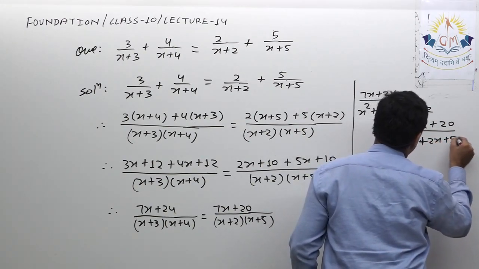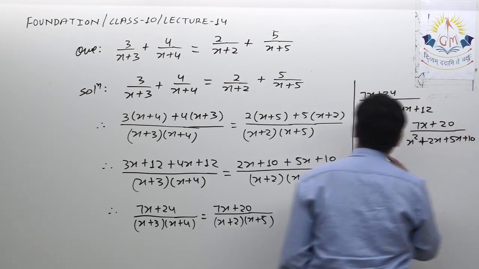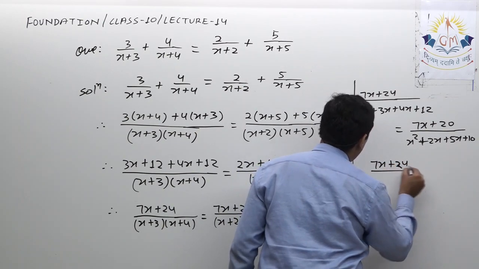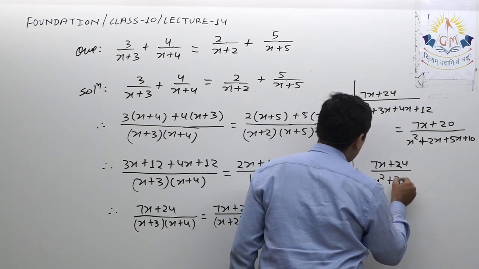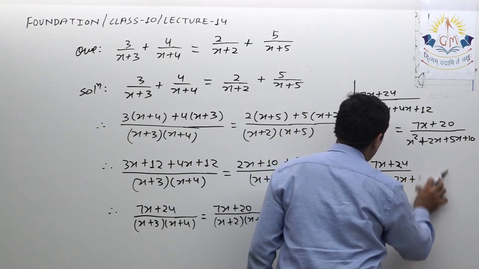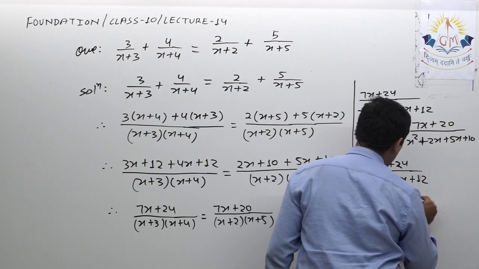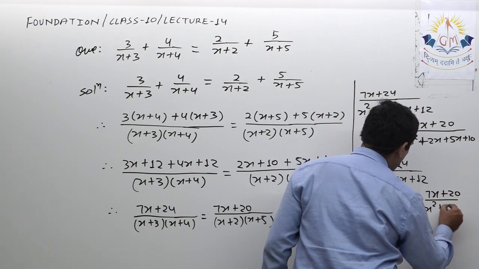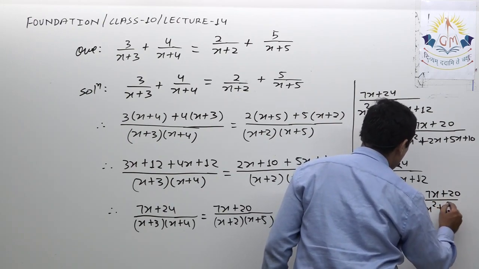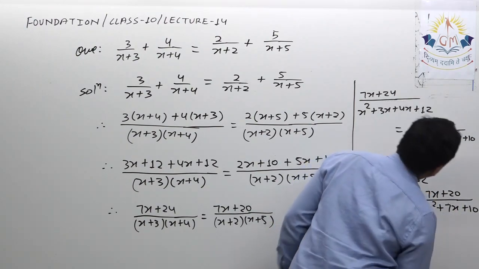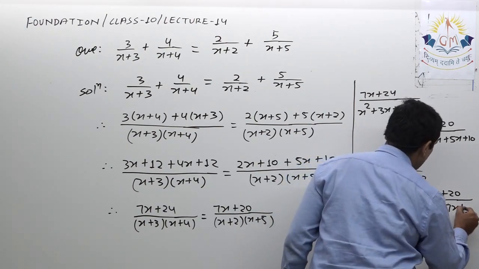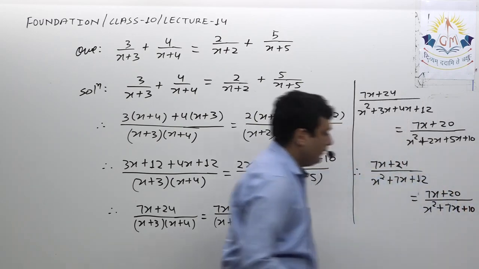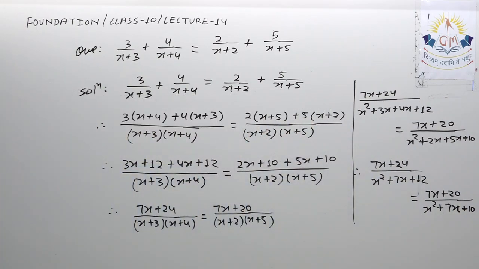So ultimately over here I'll get 7x plus 24 upon x square plus 7x plus 12 is equal to 7x plus 20 upon x square plus 7x plus 10. So note it down up to this point, then we'll see how to solve it further.